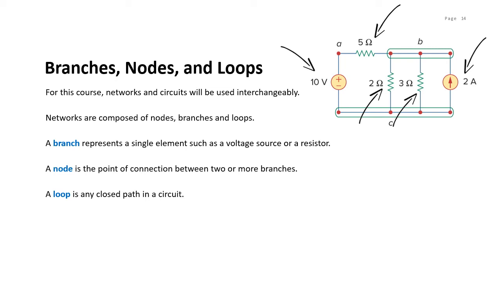Next we go to a node. A node is the point of connection between two or more branches. A node is usually indicated by a dot in a circuit. If a short circuit, meaning a connecting wire, connects two nodes, the two nodes constitute a single node. The circuit in this figure has, can you count how many nodes?